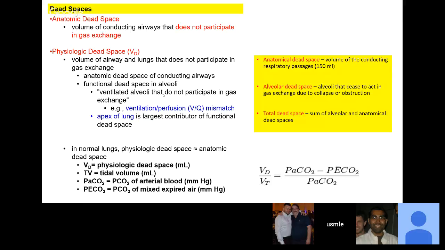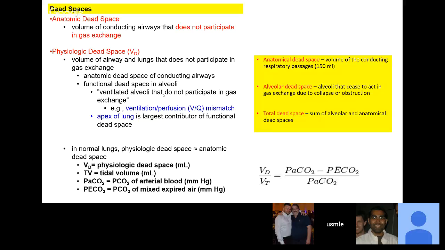The volume that you need to know is the anatomic dead space, and the total dead space is going to be the association between anatomic and physiological dead space, which gives you the total dead space. Keep that in mind as well. So in a normal lung, physiological dead space should be equal to anatomical dead space. One is volume, one is structure.